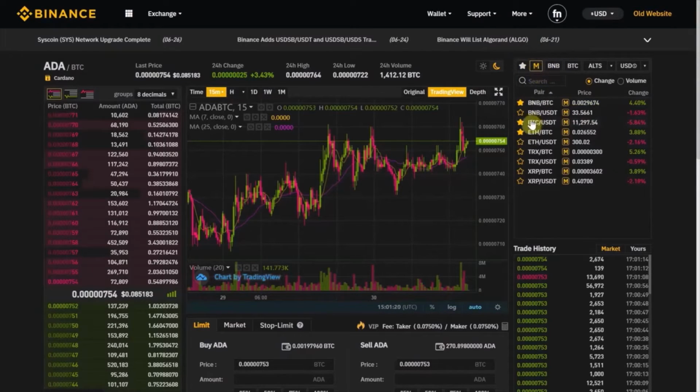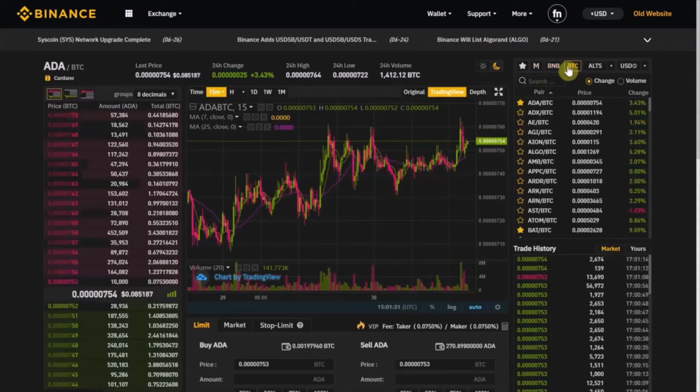I haven't seen this before, but apparently you can use margin to trade all these pairs. That's nice to know. I don't use margin at all. And here you have the BTC pairs. So right now we're looking at Cardano here. You can sort based on volume or percentage. You can sort over here.